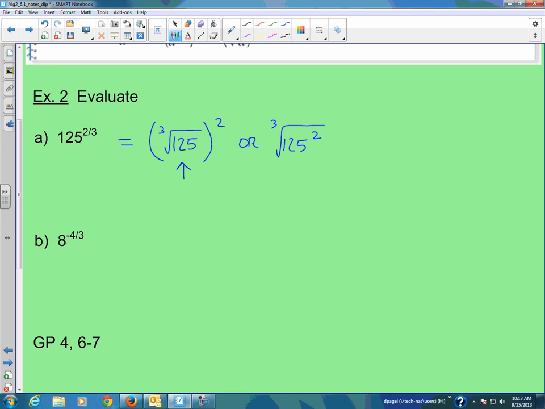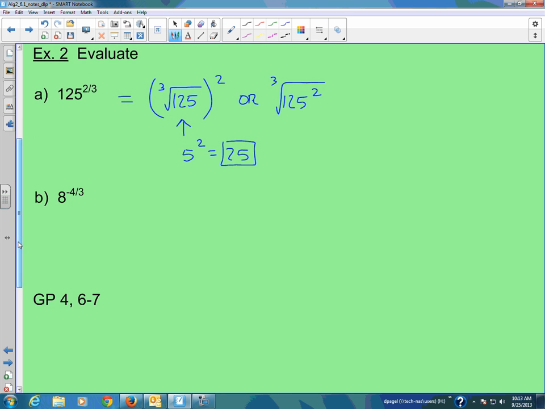Hopefully you know that 125 is a perfect cube, and that means I get a 5, and then I square it, and I get 25. Or if I try to do 125 squared, then I'm going to have to do longhand multiplication, 125 times 125, and then break that down into perfect cube radicals. So it might take me a little longer to get to that point.